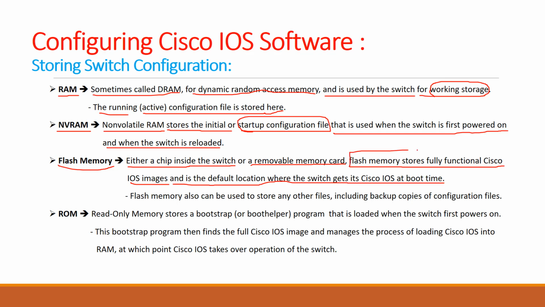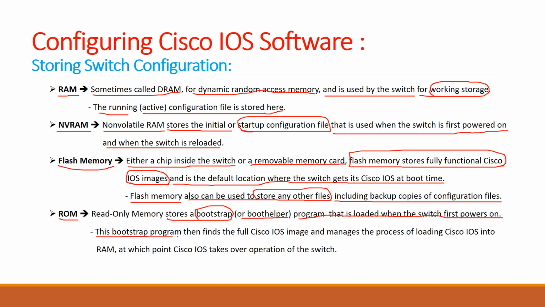Flash memory can also be used to store any other files, including backup copies of configuration files. The read-only memory, or ROM, stores a bootstrap or boot helper program that is loaded when the switch first powers on.